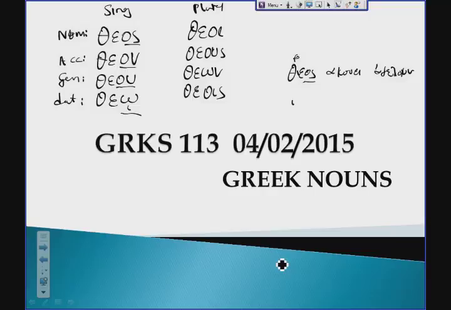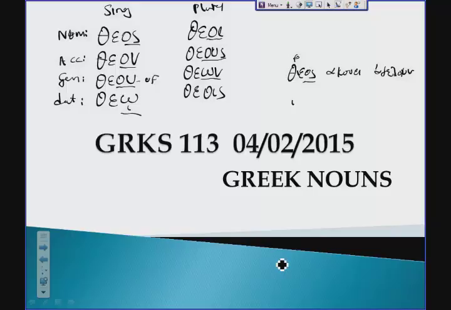There we're talking about gods. You will get this kind of forms, most especially in the Bible when we refer to the gods of other nations, gods, theoi. But in terms of the God of Israel, he is one. He is always theos, okay? And then you will also have theous, accusative plural, and then you will also have of gods, of God here.